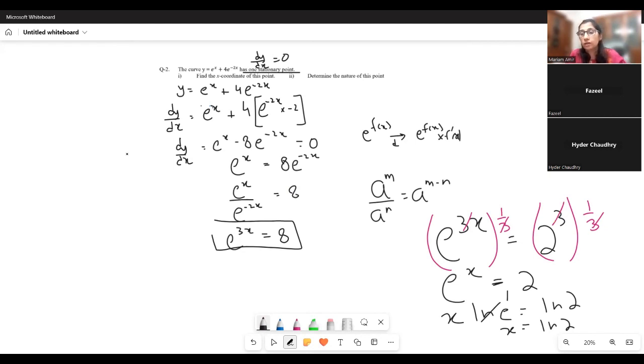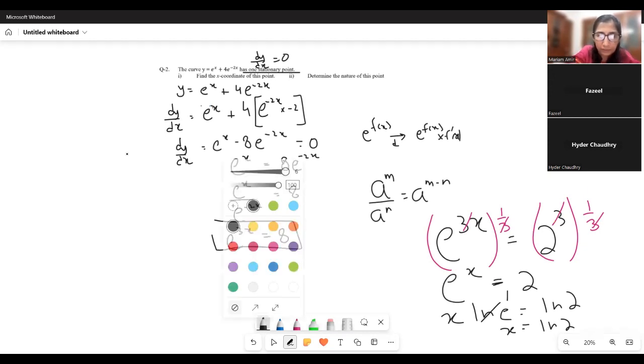Unless the question had said, give your answer correct to 4 decimal places, or correct to 4 significant figures, then you can't write ln 2. When the question is not giving you a clear picture whether it wants an answer in exact form or rounded off form, then it's totally up to you. Okay, so x comes out to be ln 2.